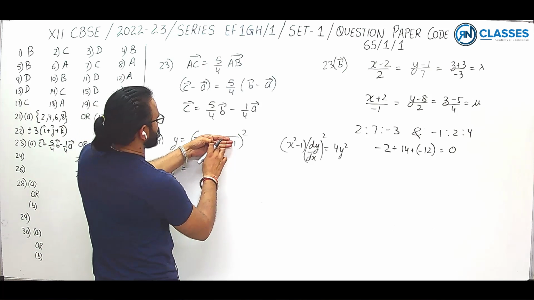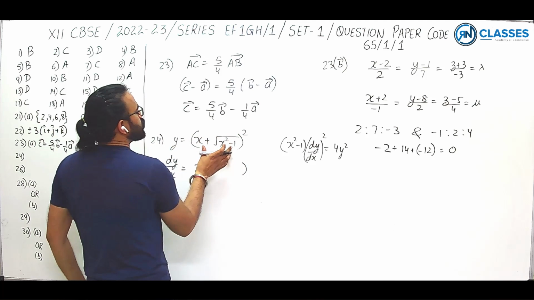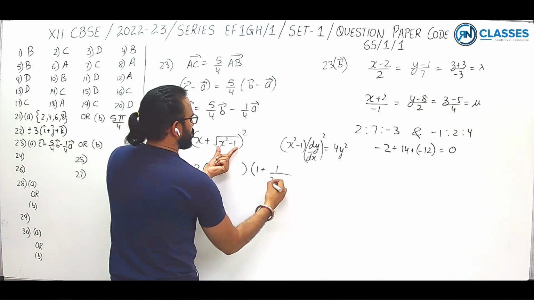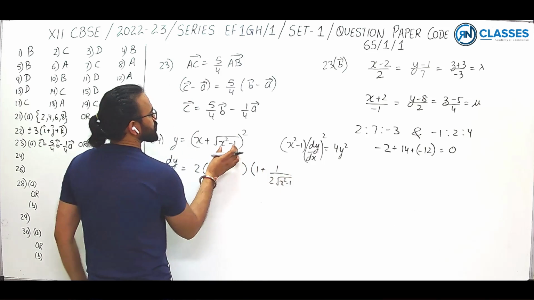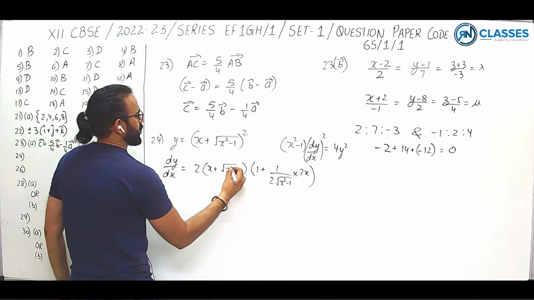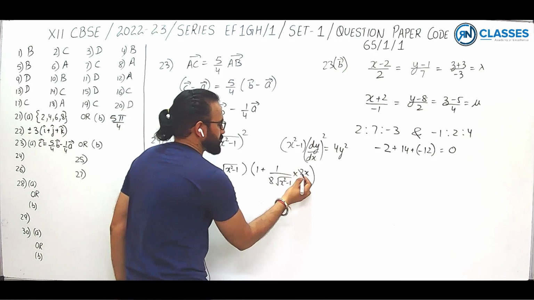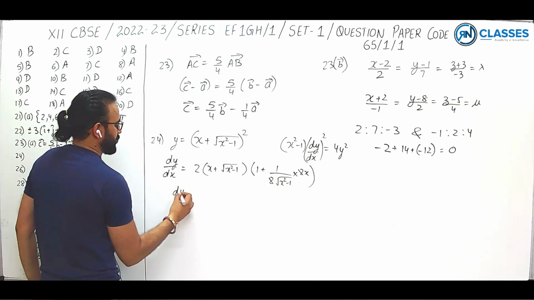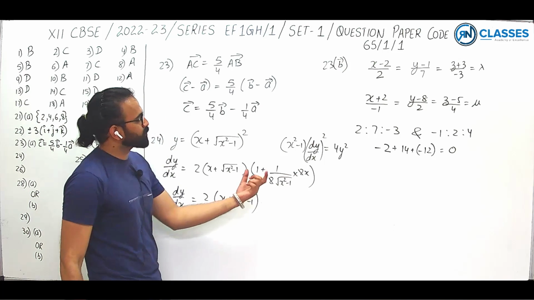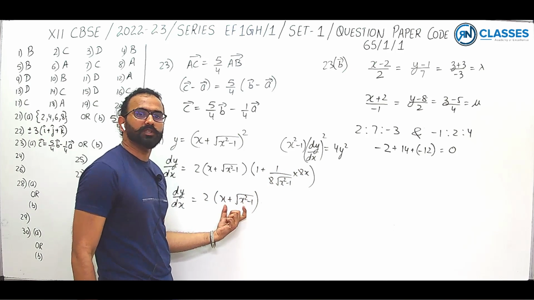Let us treat this as u square, whose derivative turns out to be 2u, and using chain rule, it's u का derivative, and that is x का derivative 1, रूट का डेरिवेटिव है 1/2 root of x square minus 1, and x square minus 1 का derivative turns out to be 2x, and here this is x plus root of x square minus 1. Now अगर आप ध्यान दो, इस ब्रैकेट में सिंप्लीफिकेशन जैसे ही करोगे, after taking LCM we will get dy by dx as 2 into x plus root of x square minus 1, and in this bracket we will get root of x square minus 1 plus x, which is the same expression as this bracket.